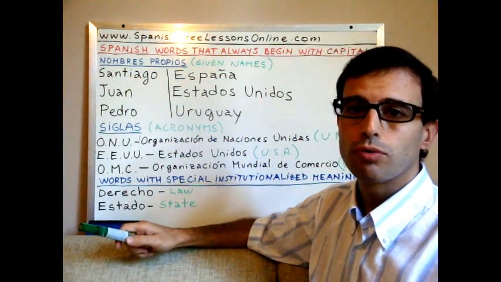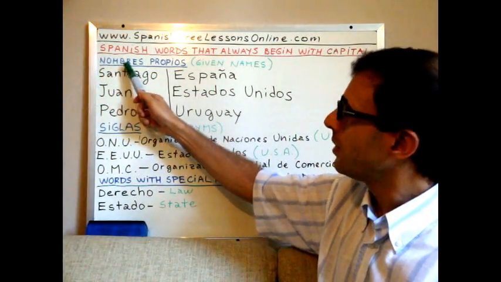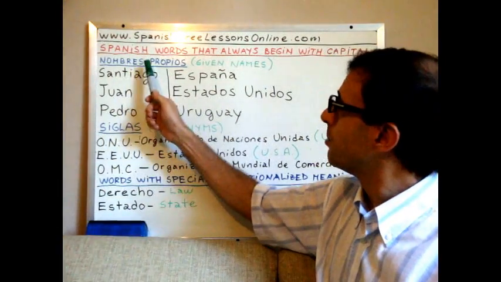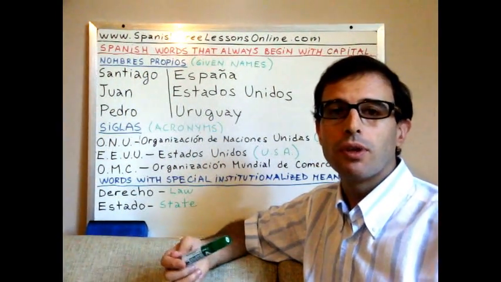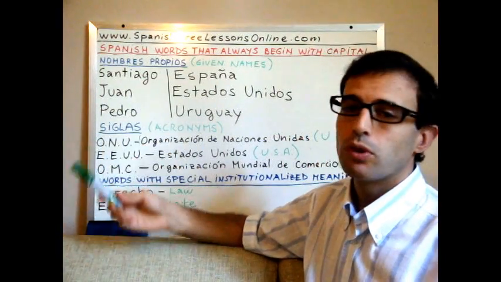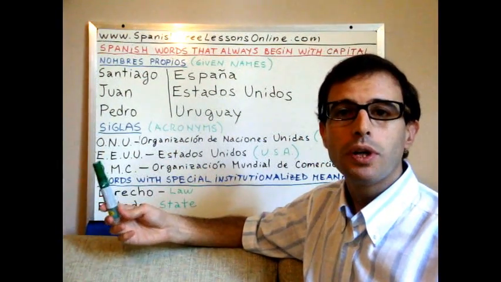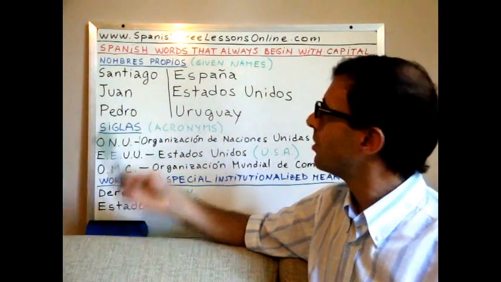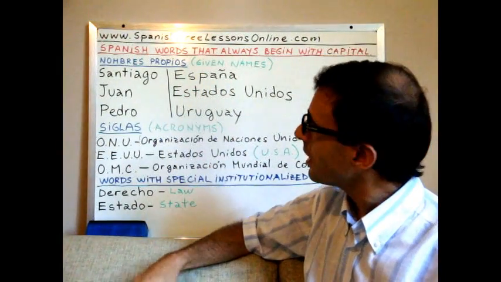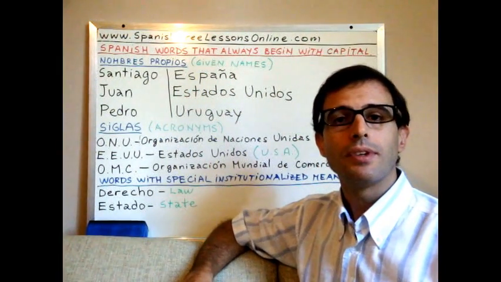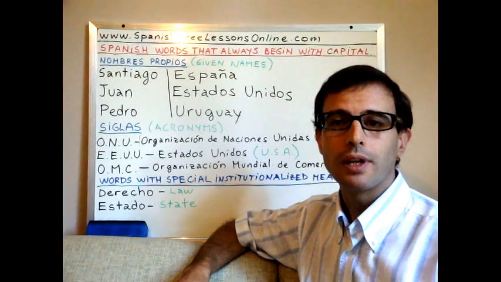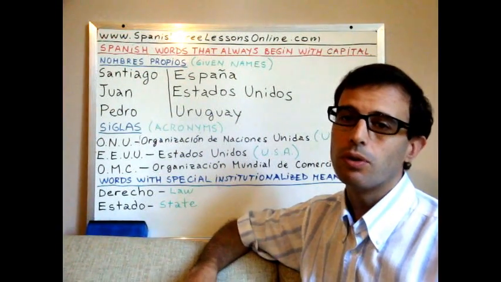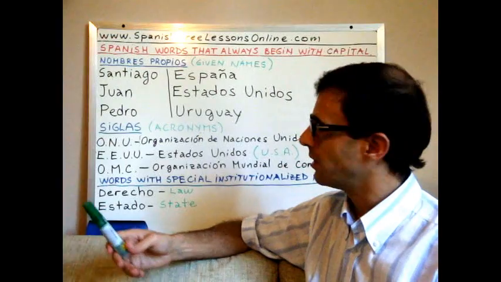Nombres propios. Nombres means names, and propios means own, of somebody's own. So this would mean literally own names, or given names. Given names in Spanish always begin with a capital letter, the same as in all other languages that I know at least.